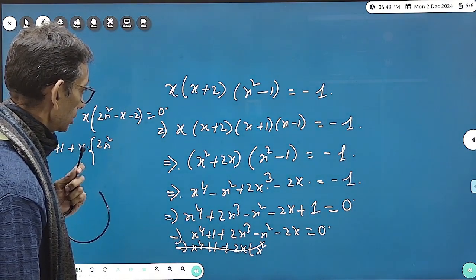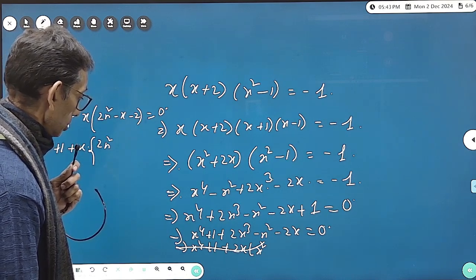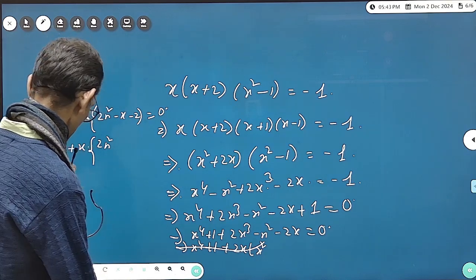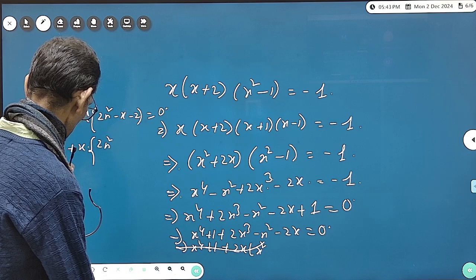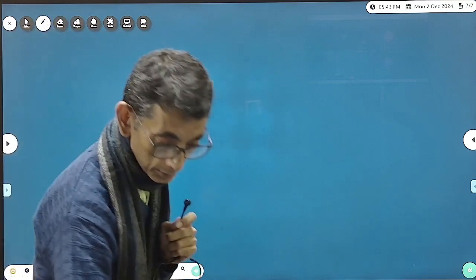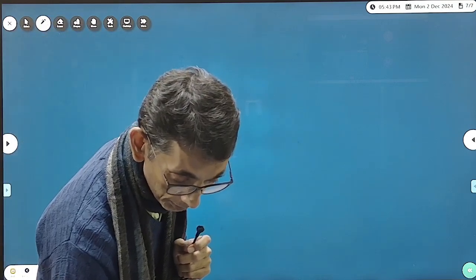Okay, so we can use another technique. A cube equation can be solved in an easier way.